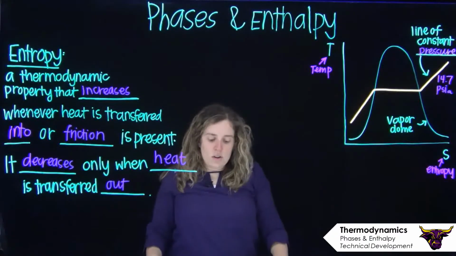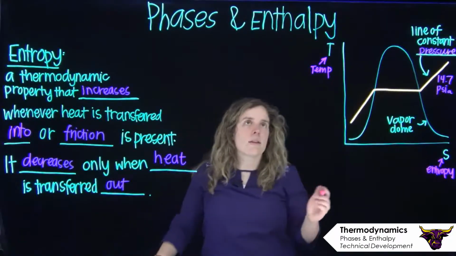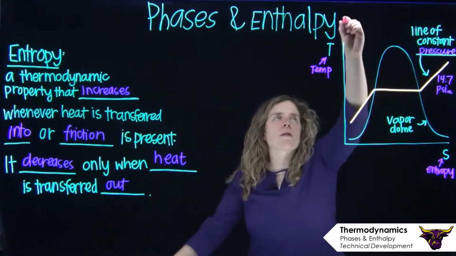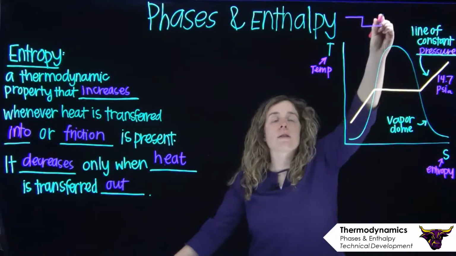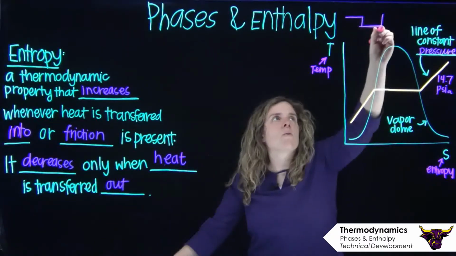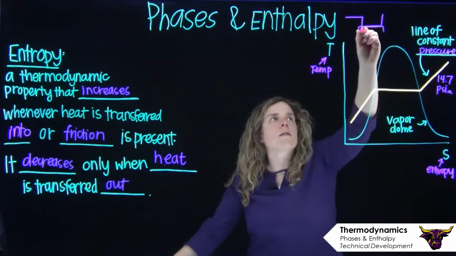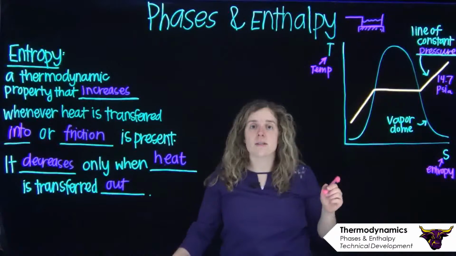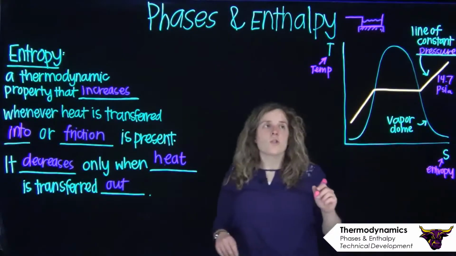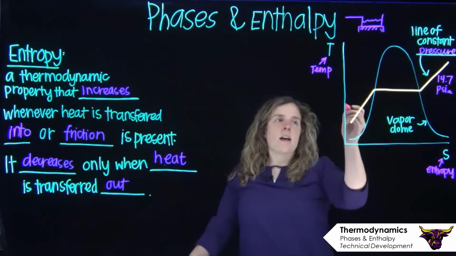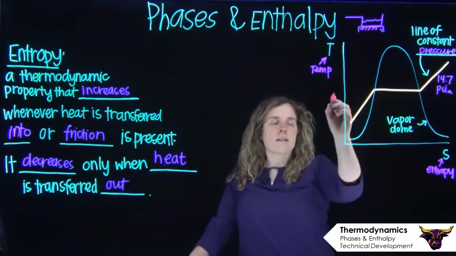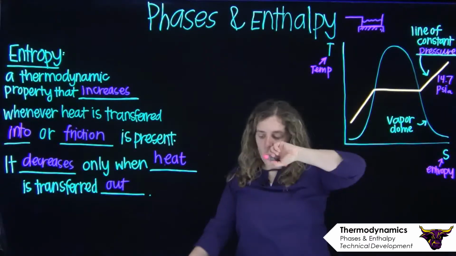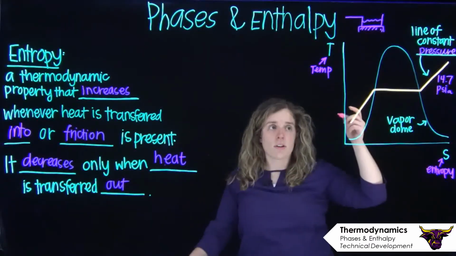Picture this as how we're going through the phases. We just have a pan on a hot surface. We have a pan of water, and we're going to go through the phases of this water. We know that the boiling point of water is 212 degrees Fahrenheit.